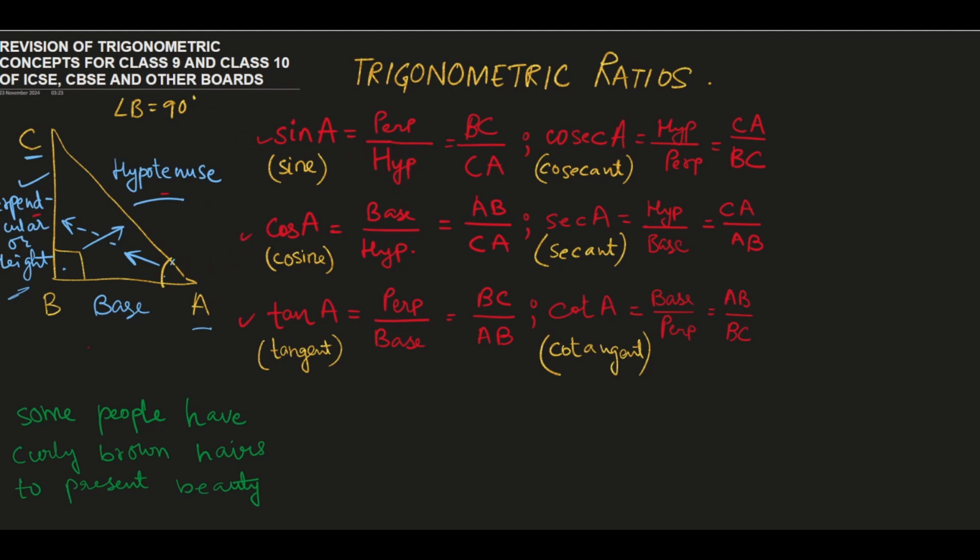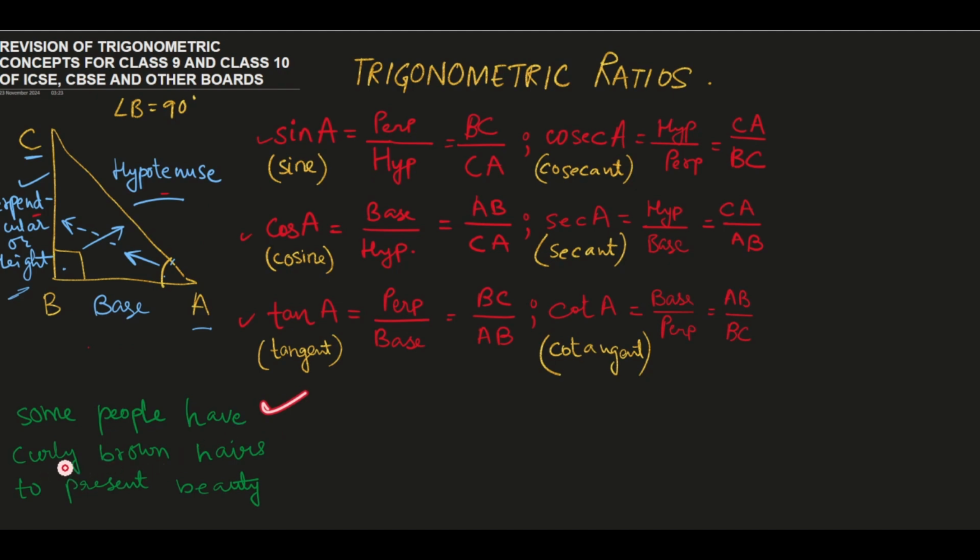So SPH. S for sine. Some people means P, that is perpendicular. H means hypotenuse. So this is done.